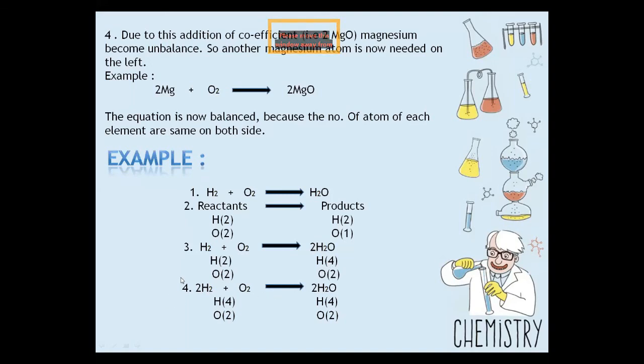Now, in the third step, you put the coefficient 2 in front of hydrogen. Now the hydrogen is 4. 2H2 means 2 molecules of hydrogen react with 1 molecule of oxygen, meaning 2 atoms of oxygen, and they form 2 water molecules. Here the hydrogen is 4 and oxygen is 2 on both sides. Now the equation is balanced.